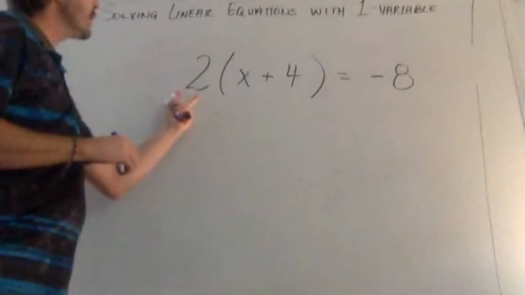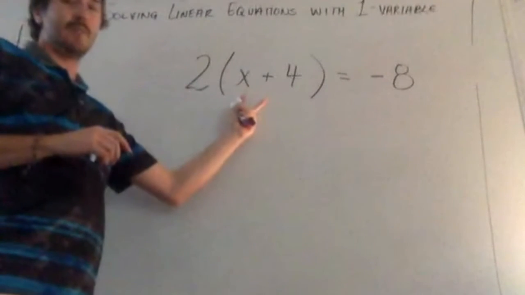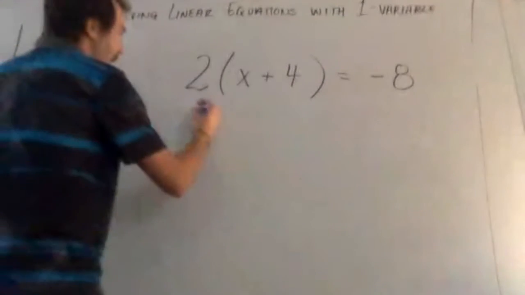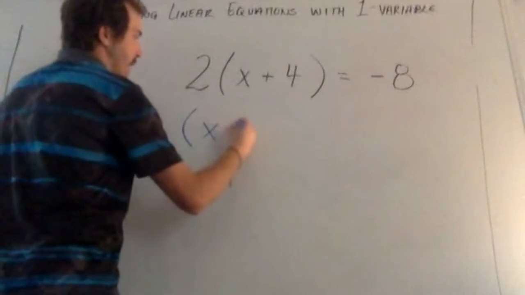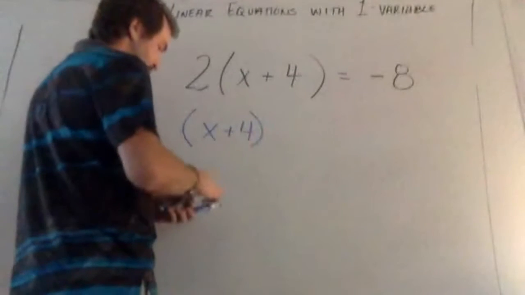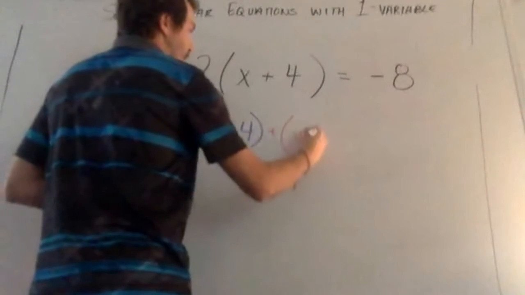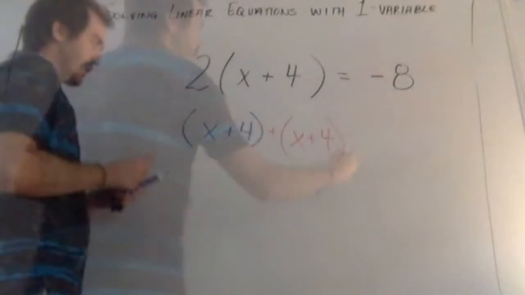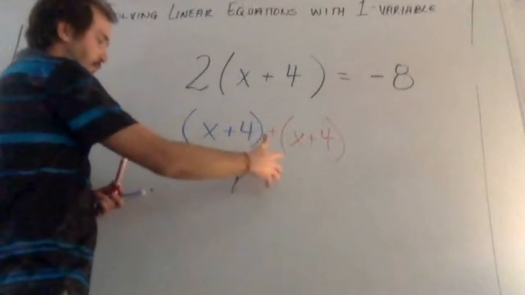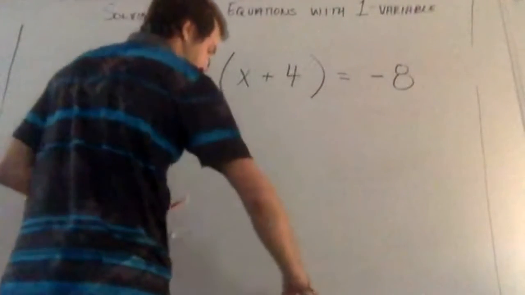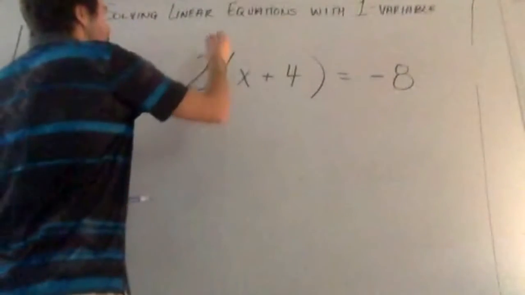What this number is telling me is I have 2 sets of what's inside my parentheses. So in other words, I have x plus 4 plus x plus 4. Well, instead of writing all this out, we can just distribute this 2.